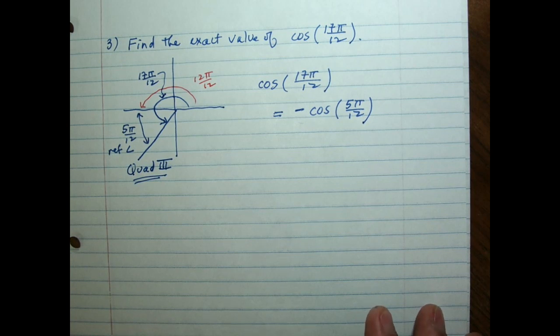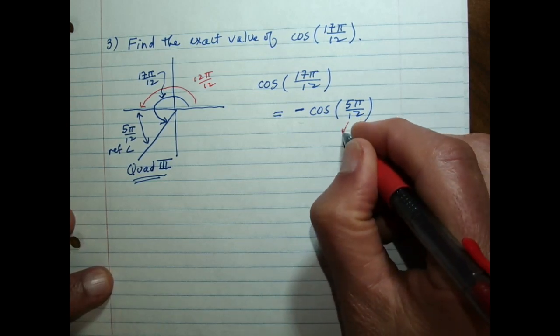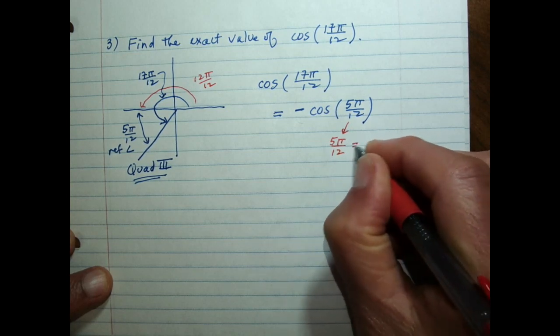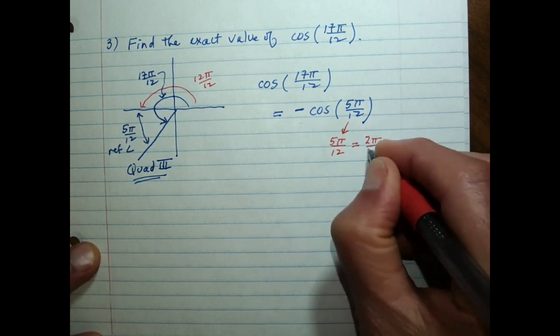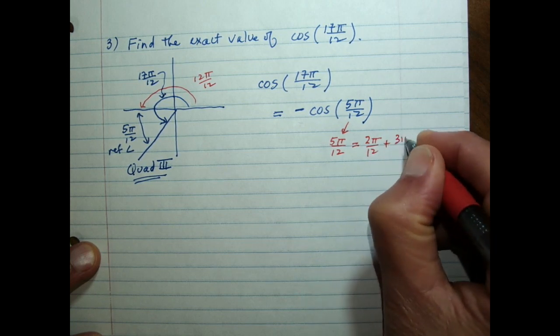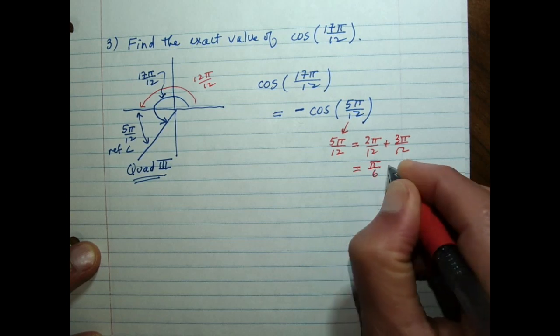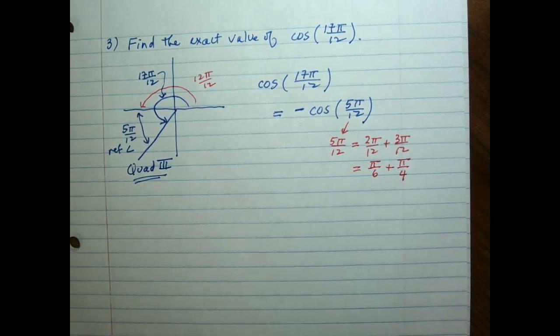And cosine of 5 pi over 12. Now this one I can almost figure out just from radian measure. 5 pi over 12, I can think of it as 2 pi over 12 plus 3 pi over 12. 2 pi over 12 is pi over 6, plus 3 pi over 12 is pi over 4, so pi over 6 plus pi over 4.